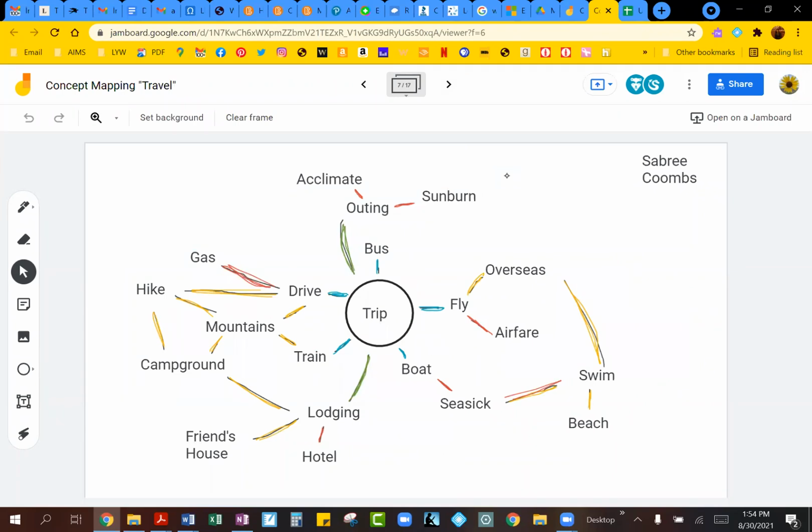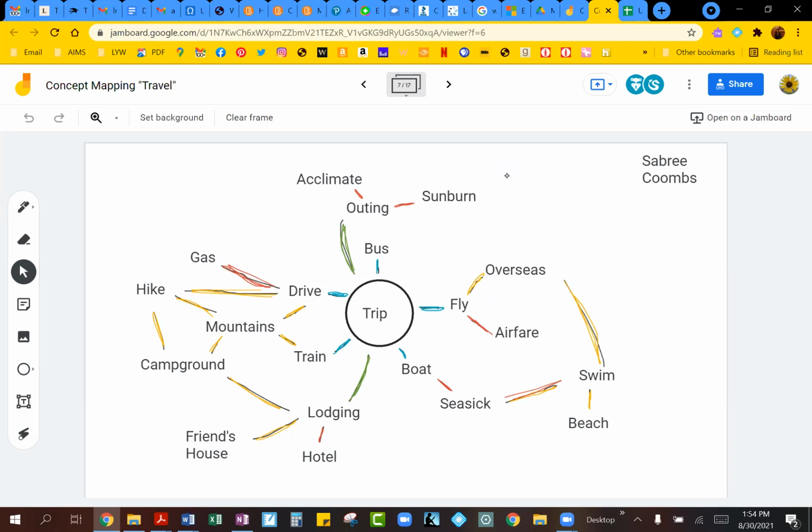So this was another neat one that Sabri worked on. So you can kind of see how, again, not so much breaking it down into categories, but more with like what terms go together. So you can see with fly, typically, you would be flying overseas, which would be the most convenient way to get there, right?